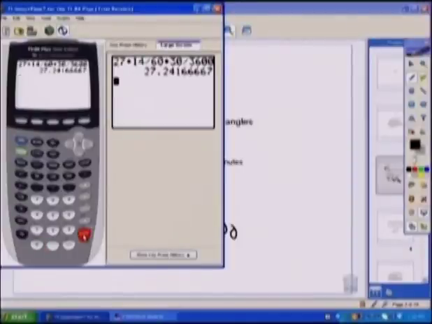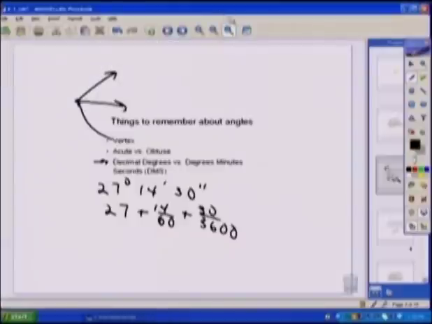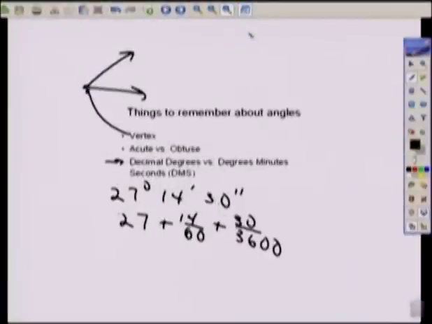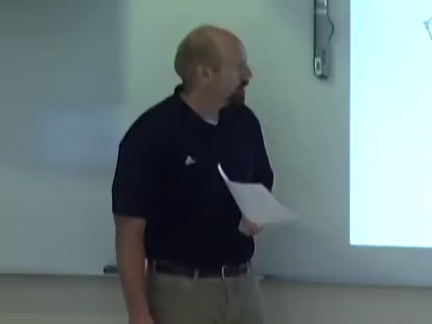And we end up with 27.242 rounded to the nearest thousandth. Again, we don't see this notation too much anymore. It was more used back before we had a lot of the graphing calculators and scientific calculators that we have today, but something you may encounter in your textbook and on exams.